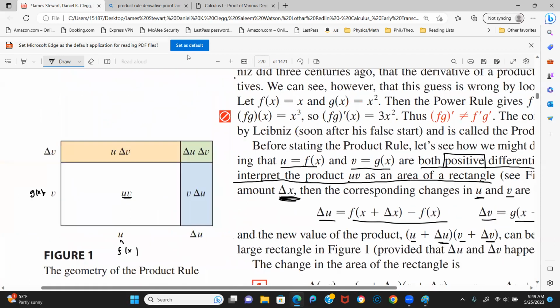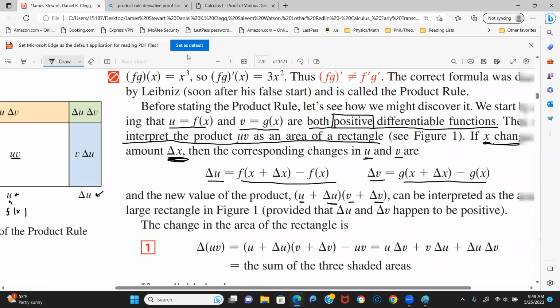So you have u, and then you add a little bit to it, delta u, and you have v, and then you add a little bit, delta v. And so we can enlarge this rectangle just a small amount, and we can partition up the rectangle in this way.